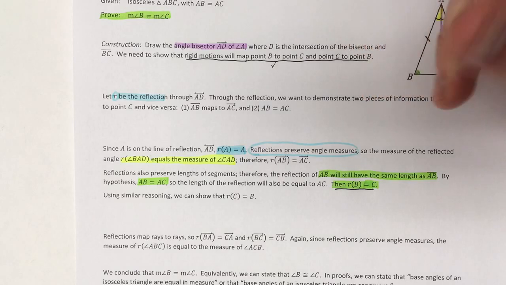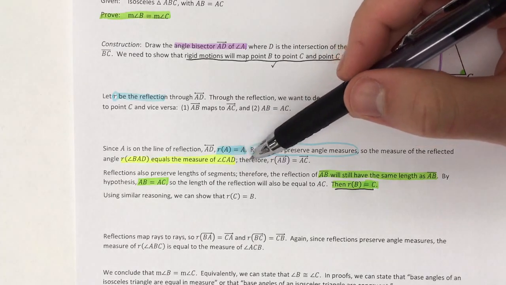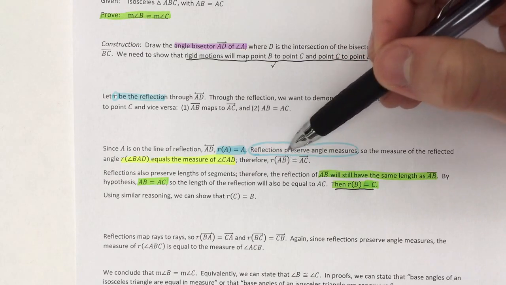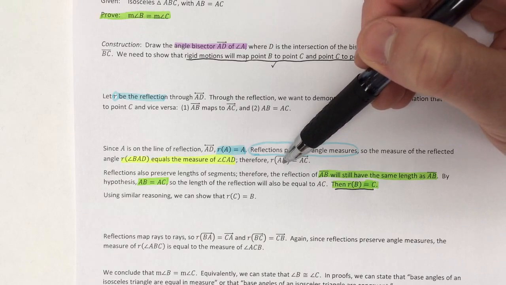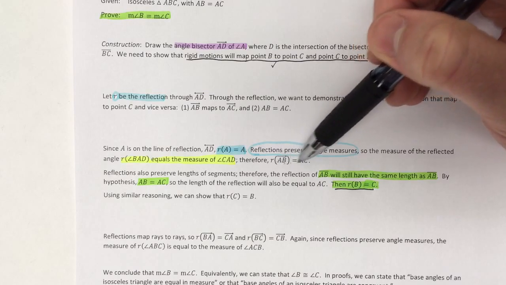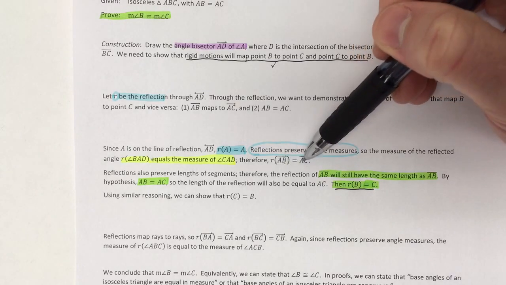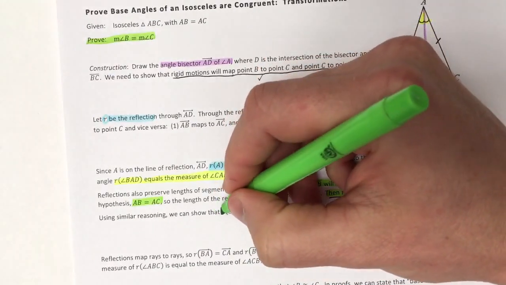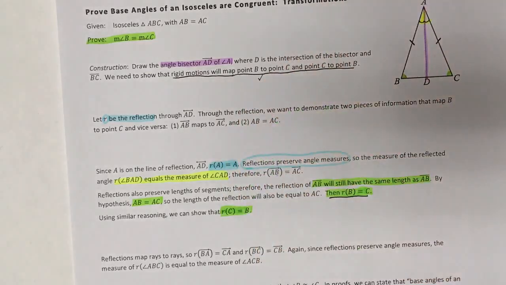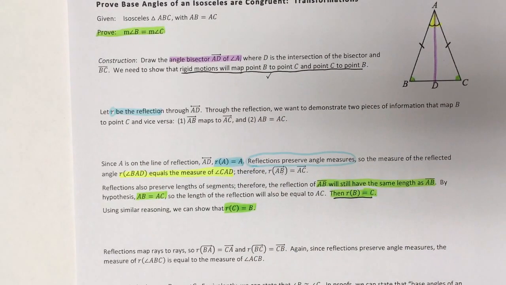If we reverse each of the arguments, and instead of looking at point B mapping to point C, we're looking at AB, and instead looking at AC, and this being AB, then we can basically obtain that the reflection of C is equal to B. The reflection maps rays to rays, and so the ray BA is equal to CA, and the ray BC is then equal to the ray CB.